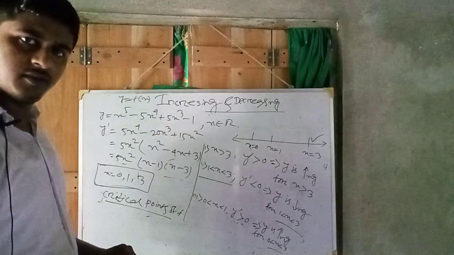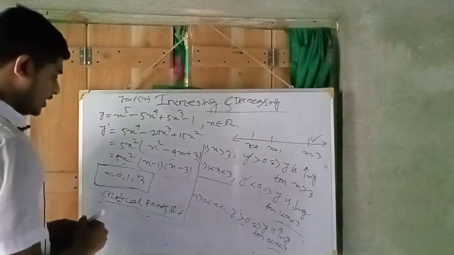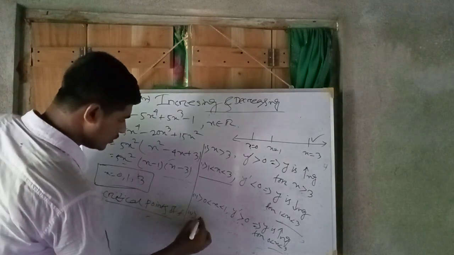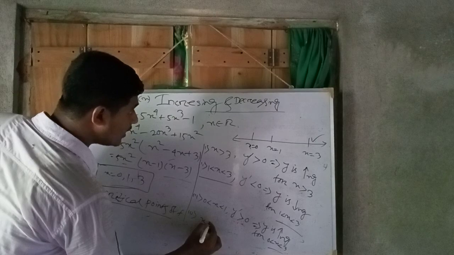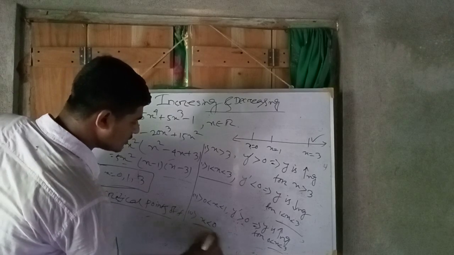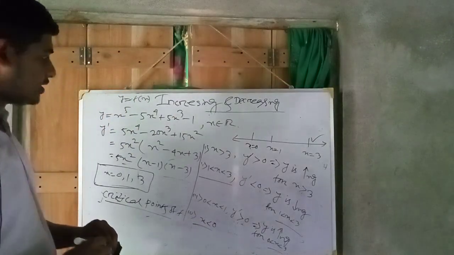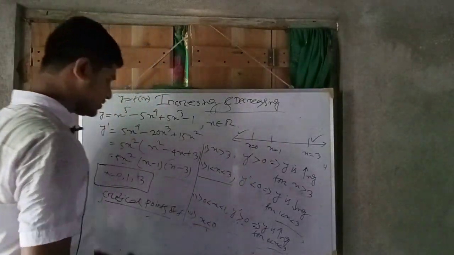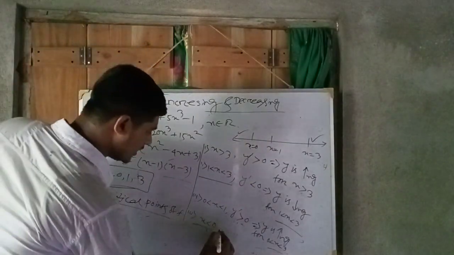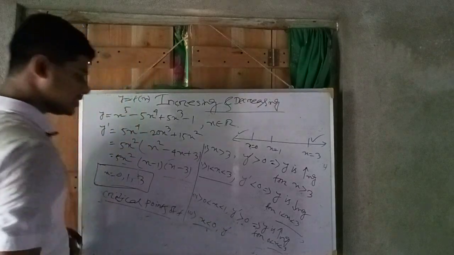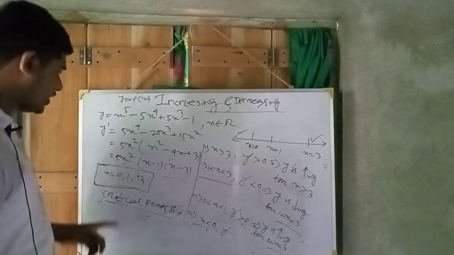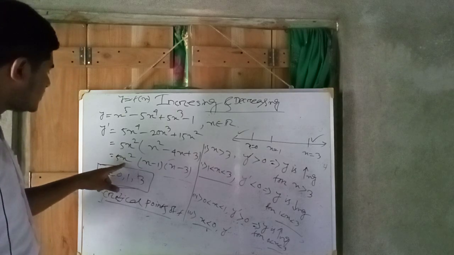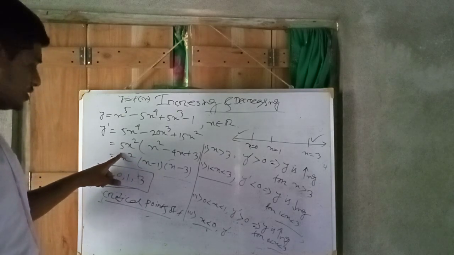Okay. Number 4. When x is less than 0, this is our last portion. So x less than 0 means this. What is the sign of y dashed here? When x is less than 0, the x square term is always positive.